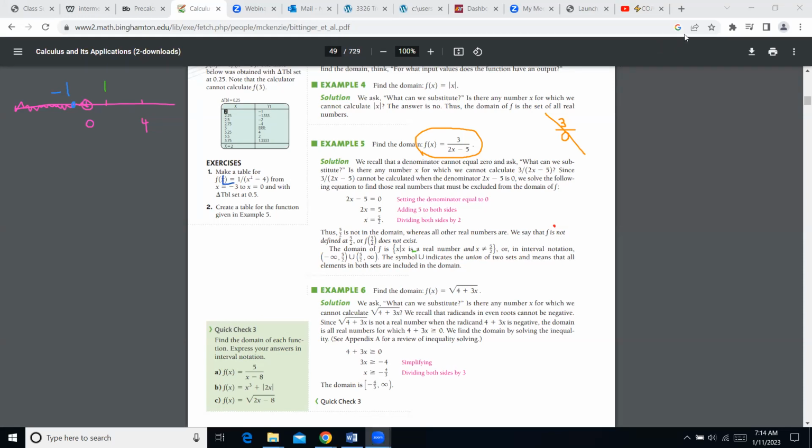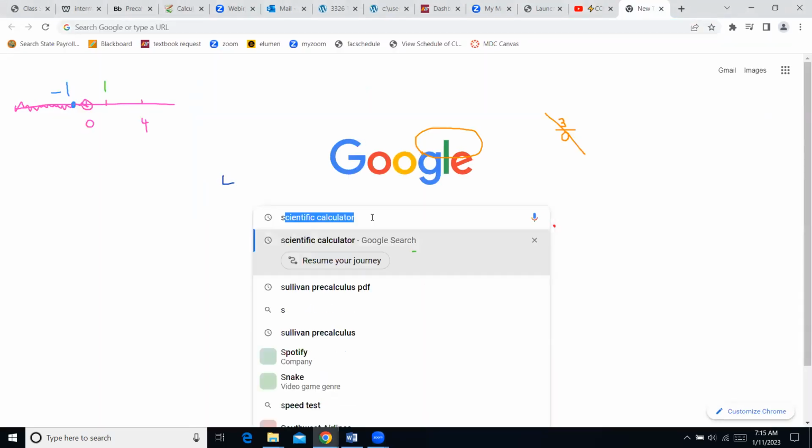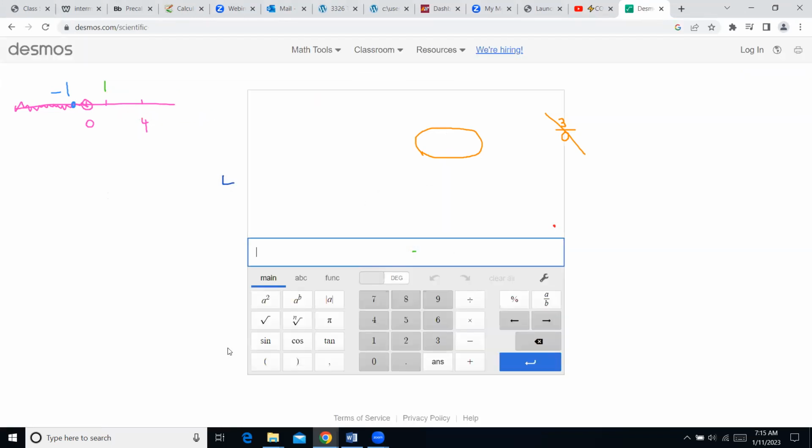Someone can say, Alex, are you sure? Well, you can check it. You can get a calculator. Remember, we can always check using that so-called scientific calculator. So I put this in my favorite Desmos calculator and try to divide 3 by 0 and see what's going to happen.